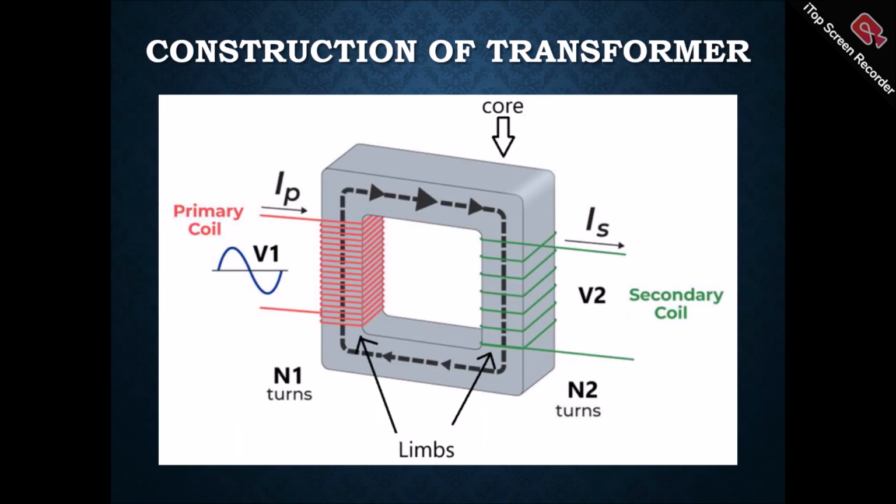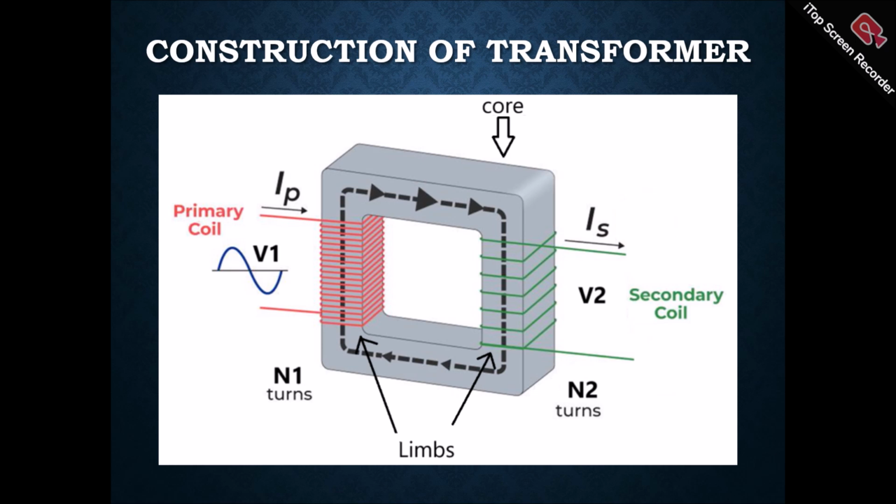Now let's discuss construction of transformer. At the center, there is a core which is shown with a gray color. And there is a provision to wound coils on two different limbs. Coil means it is an insulated copper wire which is wounded around limbs. On two opposite limbs, two different coils are wounded. From one of the coils, we are going to apply the voltage V1, which is a input voltage.